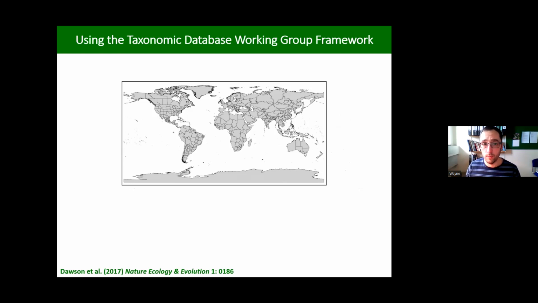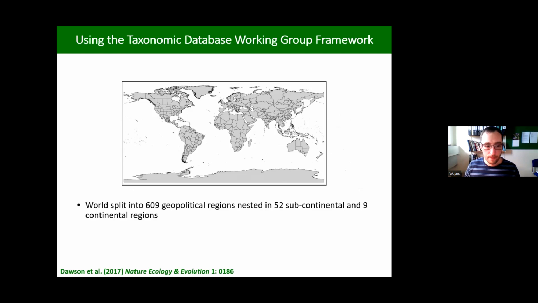So I used what's called the Taxonomic Database Working Group framework, and a summary of the finer scale regions within that framework is shown in this map here. And it includes 609 geopolitical regions nested in 52 subcontinental and then 9 continental regions, which you've already been introduced to.